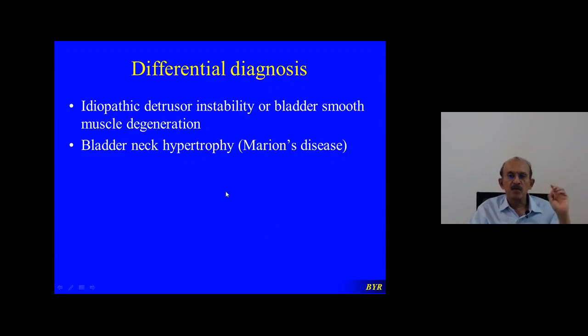Otherwise, even after doing surgery, the patients will have the same trouble of difficulty in micturition and narrow stream. Then other differential diagnosis is bladder neck hypertrophy, where there is smooth muscle hypertrophy at the bladder neck causing obstruction. Then fibrosis at the bladder neck causing bladder neck stenosis.